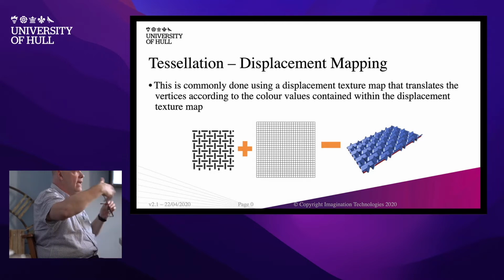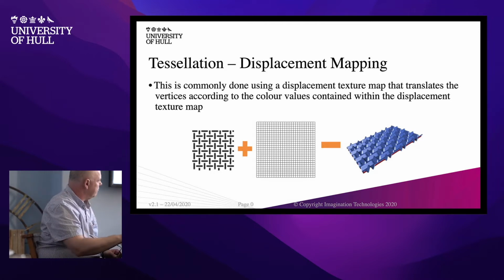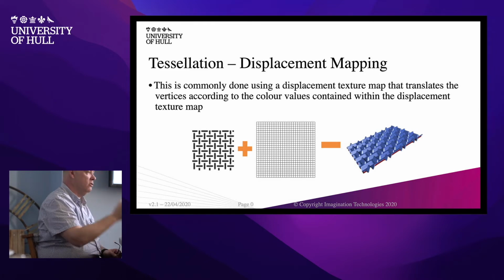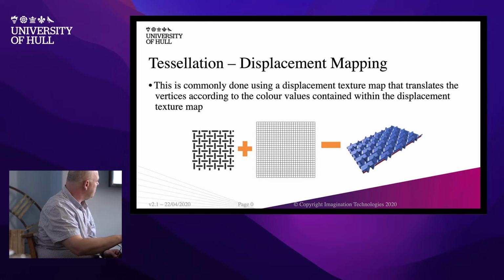And so I can create this geometry that wasn't actually submitted. And in fact, with the tessellator, I just submit a single patch, as it's called, okay? Just a single square. The tessellator can tessellate that as it needs to, and then displace it.